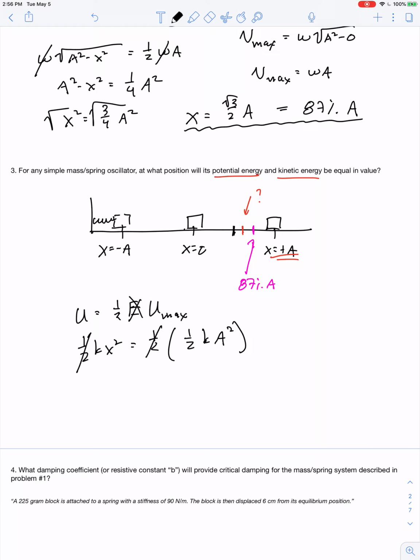So we can cancel out one of the 1/2s, we can cancel out the k's, take the square root of both sides of the equation, and we get x equals the square root of 1/2 times A, or better stated as x equals the square root of 2 over 2 times A, and that's the same thing as about 71% of the amplitude.